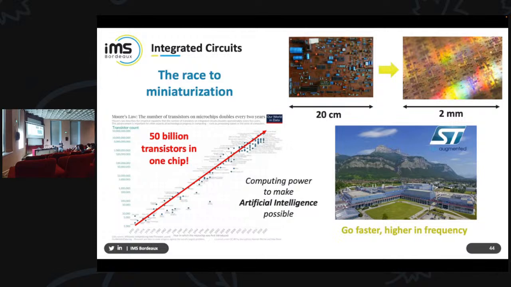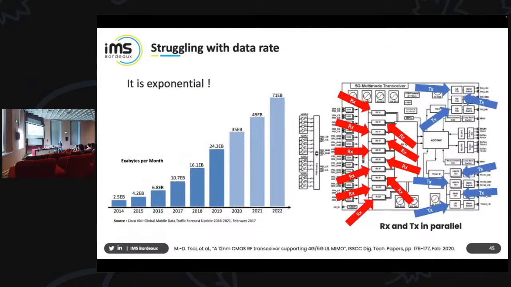That's why I call it, we connect the intelligences, the human intelligence and the artificial intelligence. So thanks to ST, represented by Didier, we go faster and higher in frequency. And that's the exponential data exchange we have since the beginning. So you have here, it's an exponential, it's per month, exabytes per month.